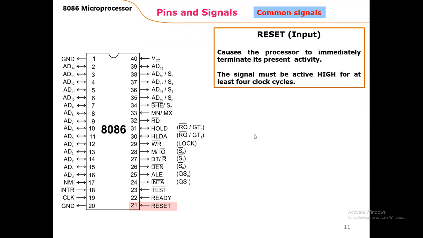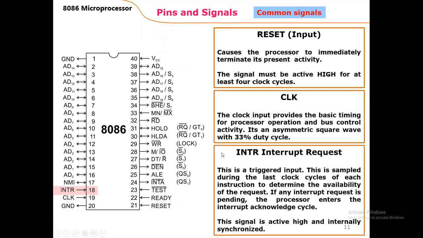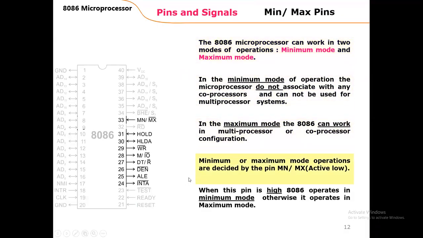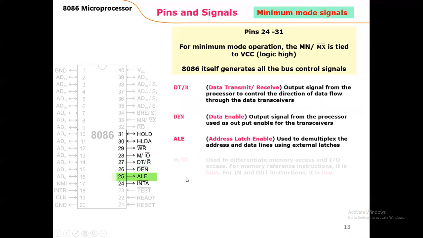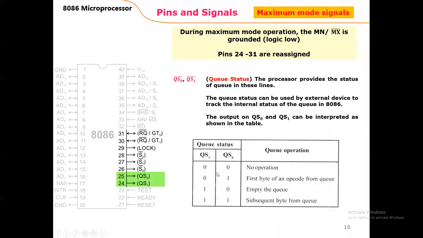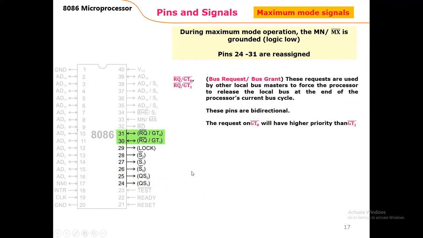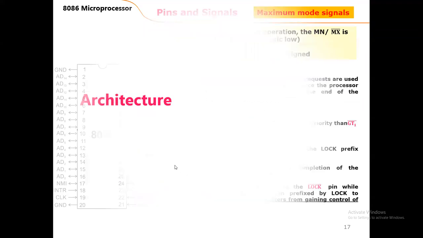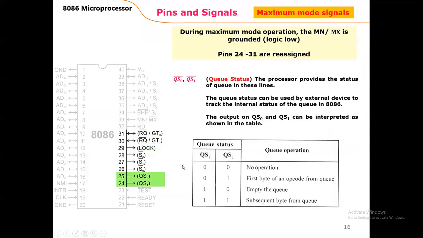Now we start. In the previous day we already completed our pin diagram, being on signal, all whole completed, right? Yes, sir. This is our maximum mode pin diagram: request and grant, lock, status 3 and queue status. These queue status are forwards, these are request and grant, and this is the status.